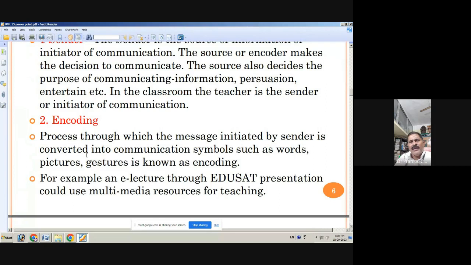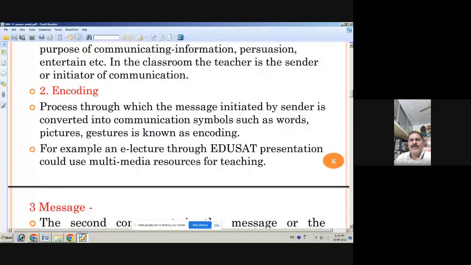Suppose we are getting the information through multimedia, then definitely whatever type of knowledge and information is in the books, the teacher will communicate it in the simplest format. He may use the blackboard, he may use different types of teaching aids, or he can also draw pictures on the blackboard.